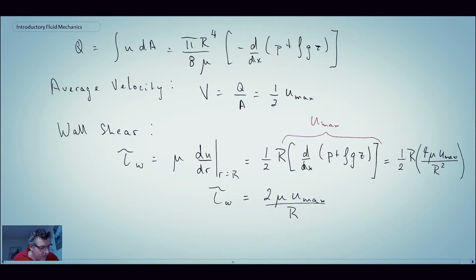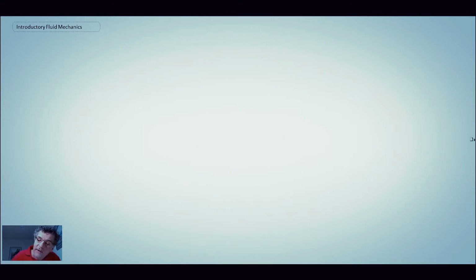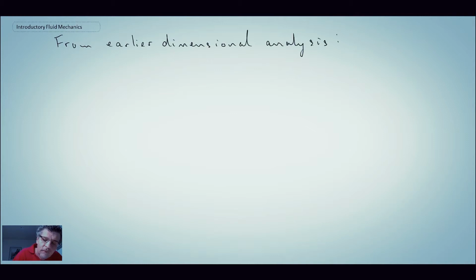And now what we're going to do, we're going to take that and look at the expression that we had from when we did dimensional analysis and came up with the expression for the friction factor. So we have this tau wall here, but I'm going to use the expression for tau wall that we just had.